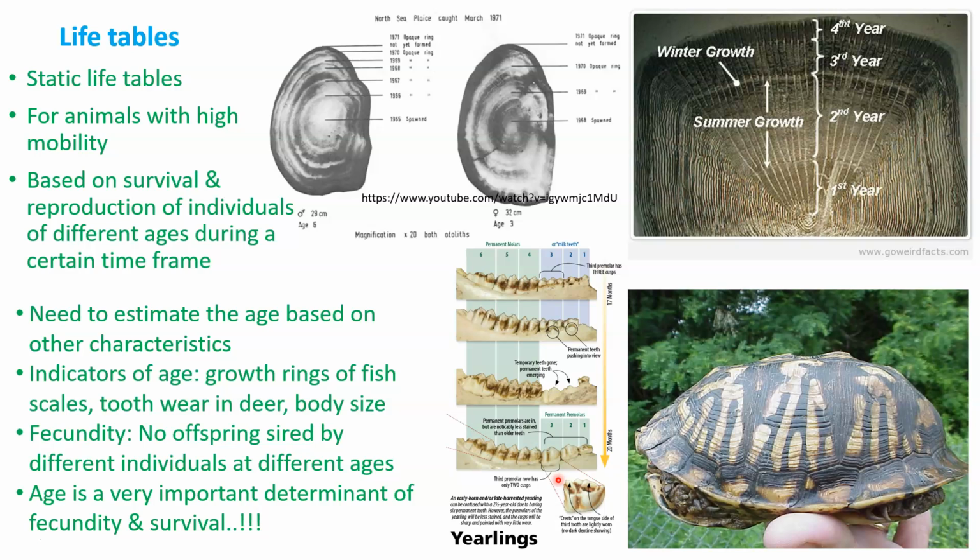As the deer ages, it keeps eating, right? As a result, the teeth start wearing off, so the teeth get shorter and shorter as the deer ages, right? So by calculating the extent to which the teeth have worn off, you can estimate its age, right?